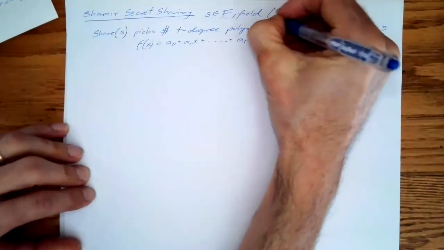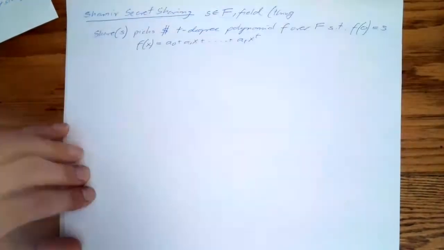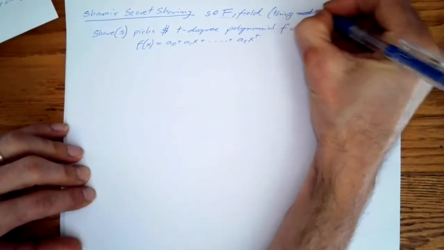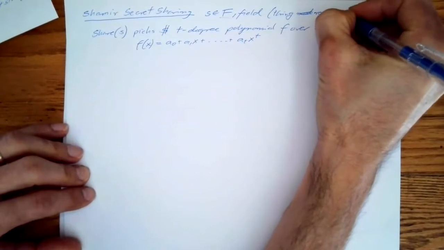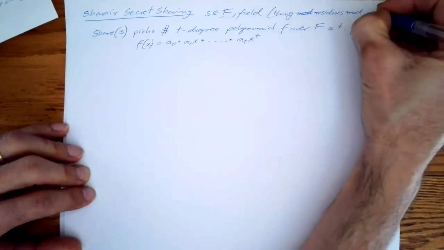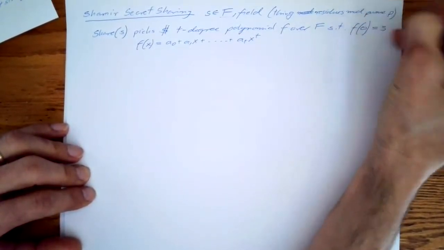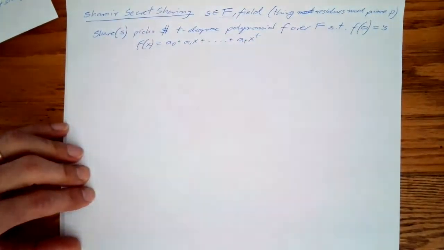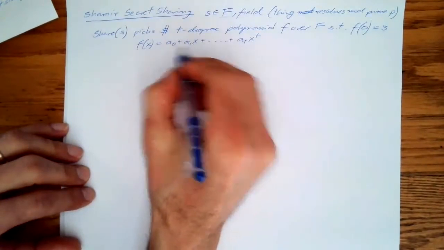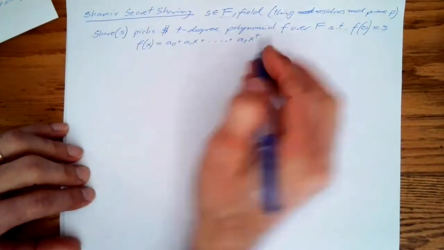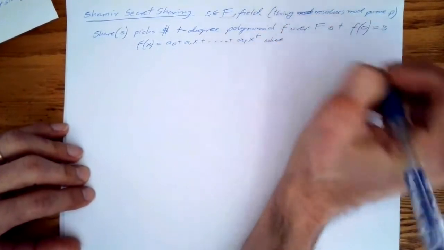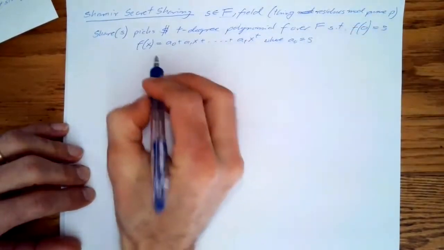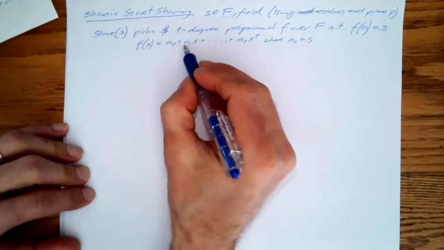So think of modular residues mod some prime p. So simply all these operations are modulo p for some prime. This is the polynomial subject to the constraint that a0 is S, because in the evaluation of this polynomial at 0, all of these drop out.